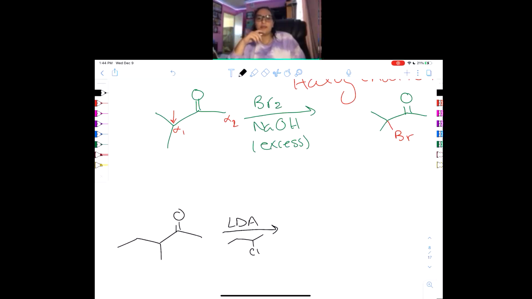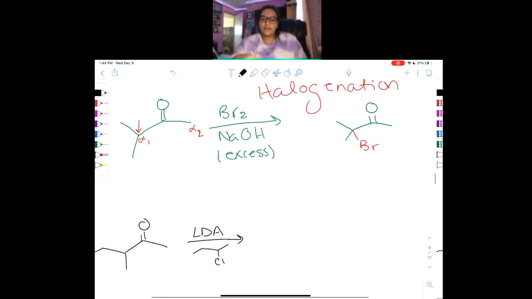So for the last one, someone asked, does it always need to say excess for multiple halogenations to occur? Not necessarily. This is the annoying thing. It should always say excess, but it doesn't have to. If you're doing the haloform reaction, it should say excess, but it doesn't necessarily have to for you to do it. You just have to assume that it will happen. Same thing with the Grignard reaction. I hope that makes sense.